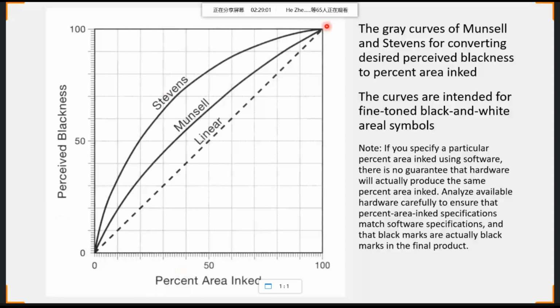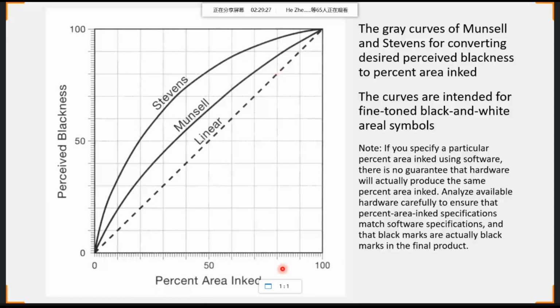And here on the other end, it's the opposite. So here small differences in the area inked result in nearly no difference in the perceived blackness. So you have to choose greater differences if it's very dark.